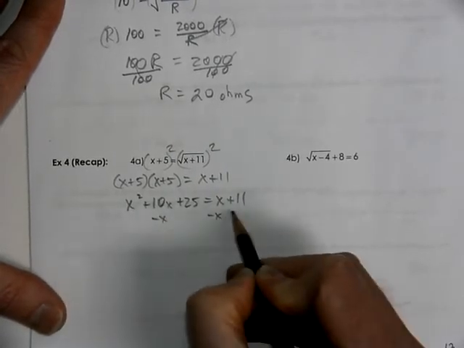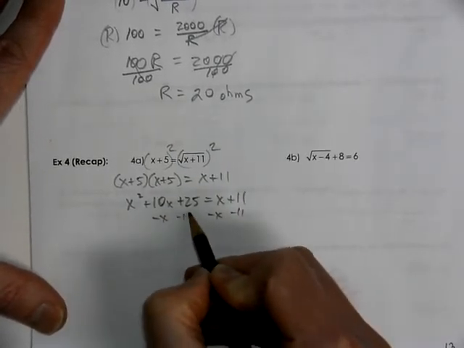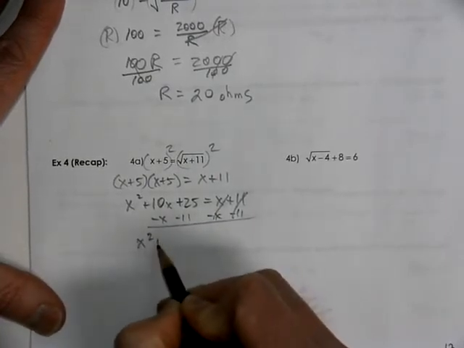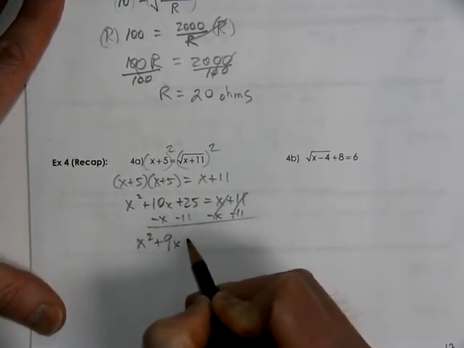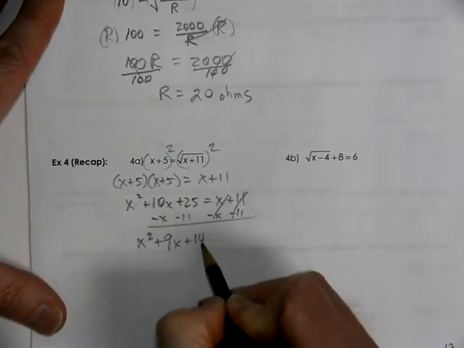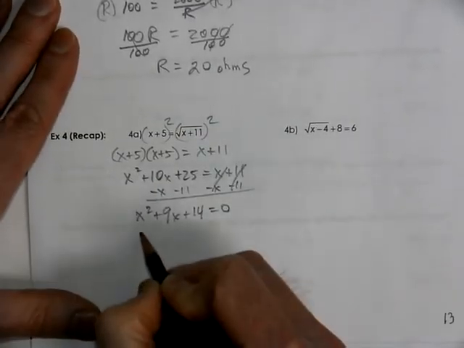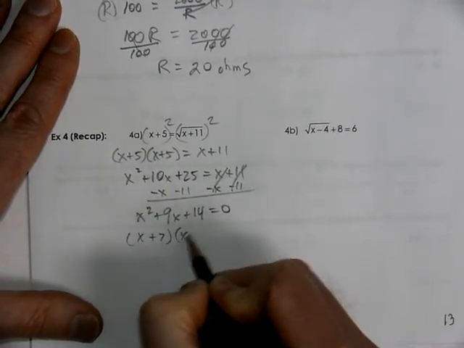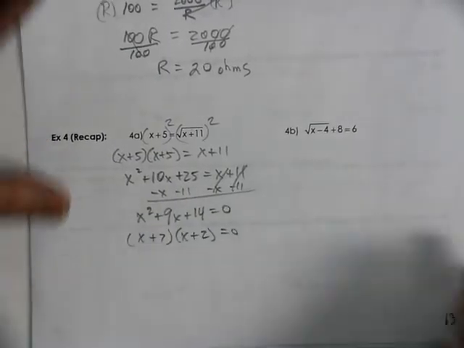So we have to bring them all over to the same side. That's x squared plus 9x plus 14. That's going to leave us with an x plus 7 and an x plus 2.